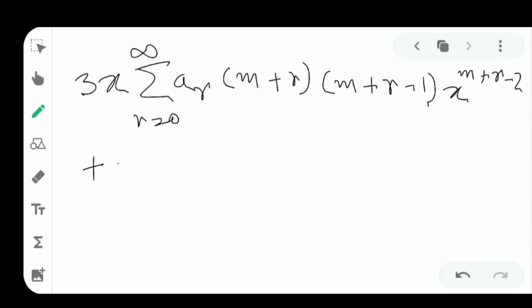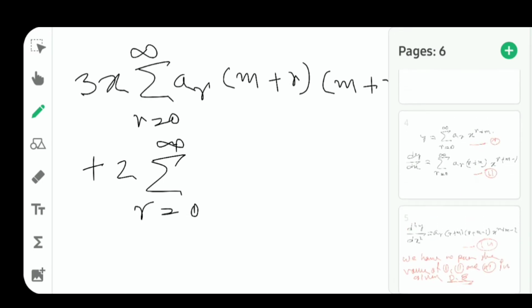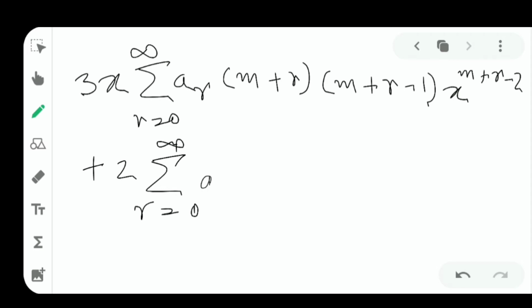Plus 2 dy/dx. The value of dy/dx we already found: it will be a_r (m plus r) x to the power m plus r minus 1.